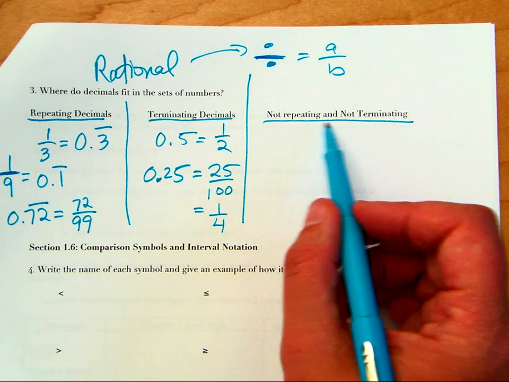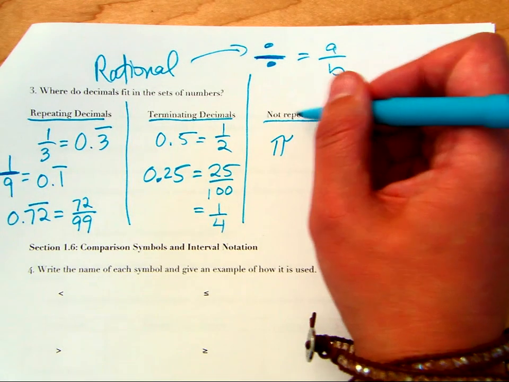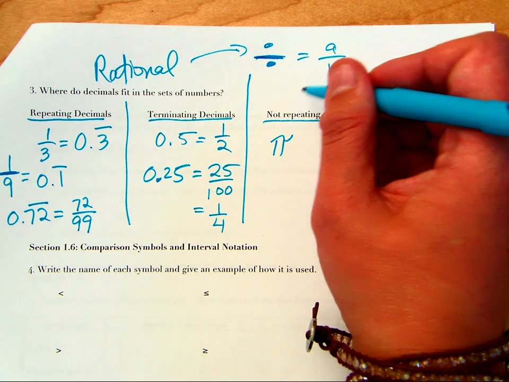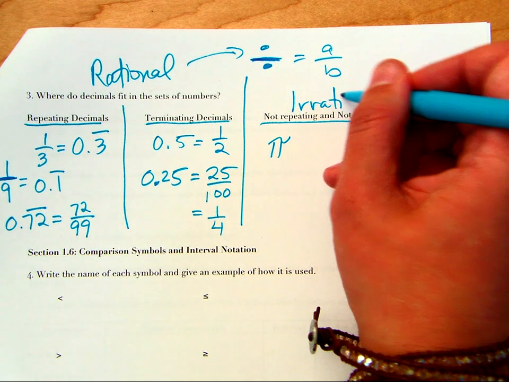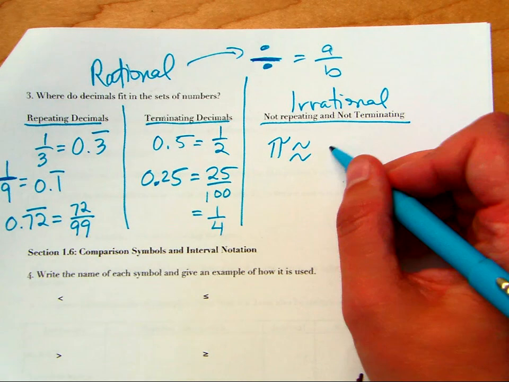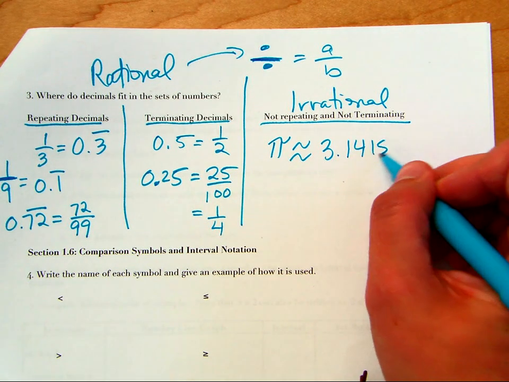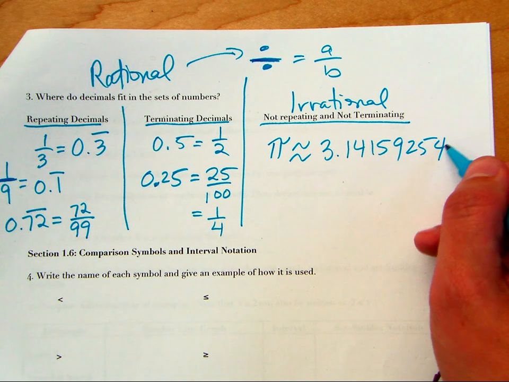Now, if you have non-repeating and non-terminating decimals, one example is pi. All non-repeating and non-terminating decimals are called irrational. So things like pi, which is approximately 3.141592654.